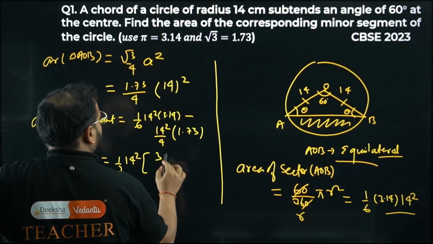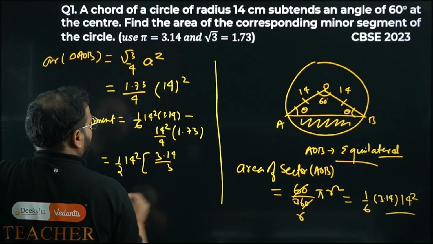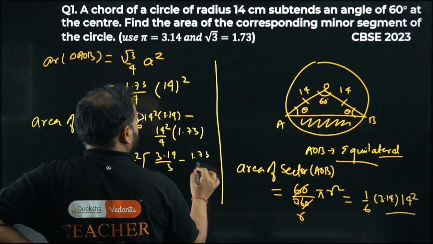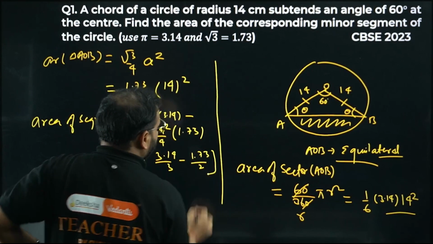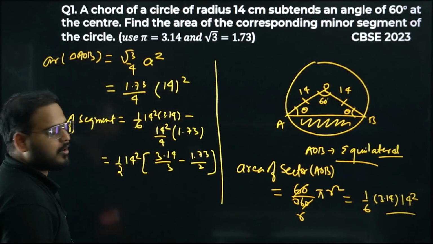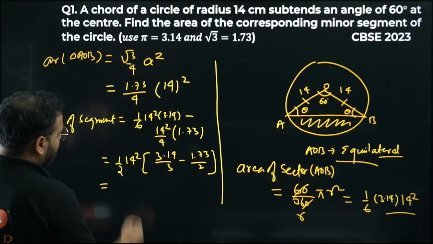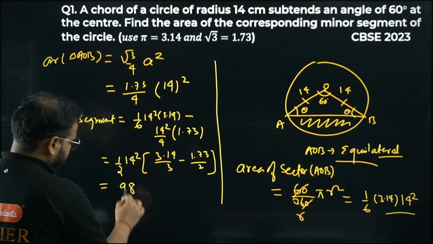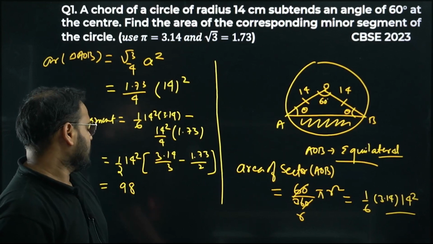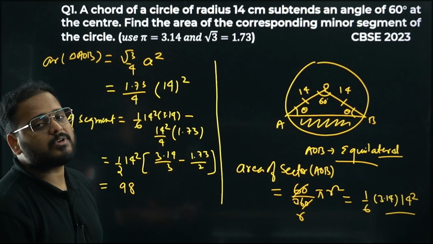I'm getting 3.14 by 3 minus 1.73 by 2. I've taken 2 also common and 14 square also common. Now 14 square is 196 by 2. So 98. Correct? 14 square is 196 divided by 2 is 98.